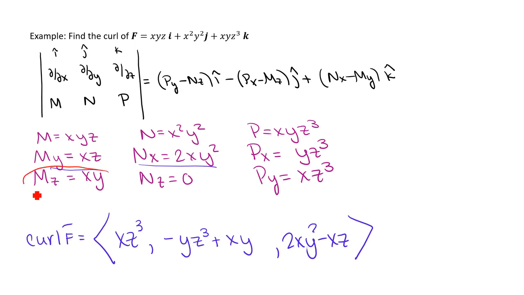But then we also had to compare the mz with the px. And then finally we had to compare the nz with the py, to see if those things were the same. Technically what we were doing when we did this process is we were determining whether or not the curl was 0.